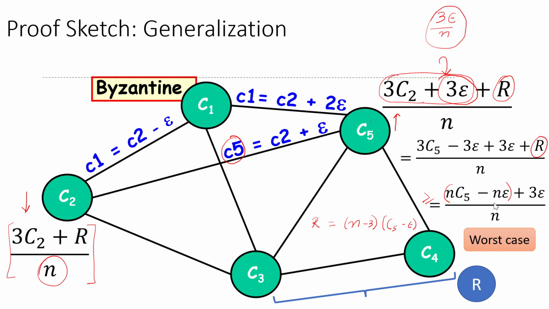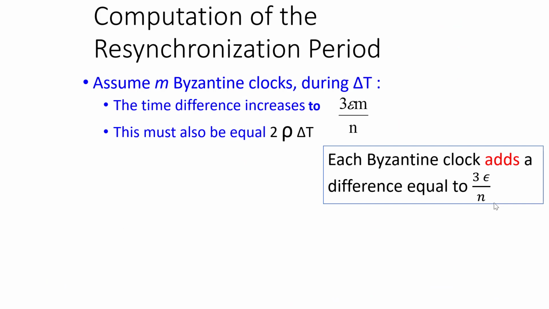All right. So now if we take the argument forward, our aim is to compute the resynchronization period. Let us assume that we have m Byzantine clocks in the system, not one. So the time difference between any two clocks because of m Byzantine clocks will be 3 epsilon by n multiplied with m, because every clock contributes 3 epsilon by n.